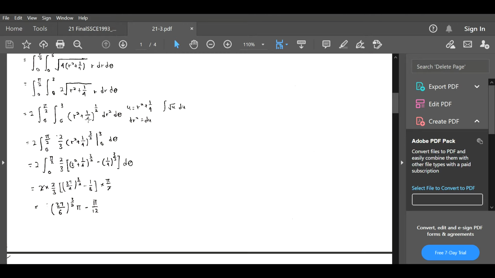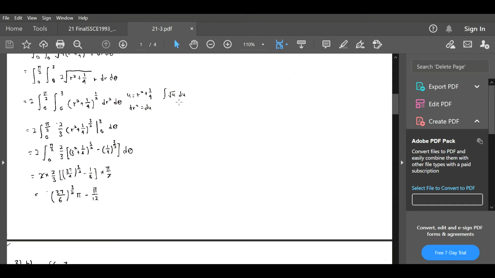In here I let u equal r squared plus 1 over 4. Use r squared here because we want to integrate the r squared. So it becomes u to the power 1 over 2.